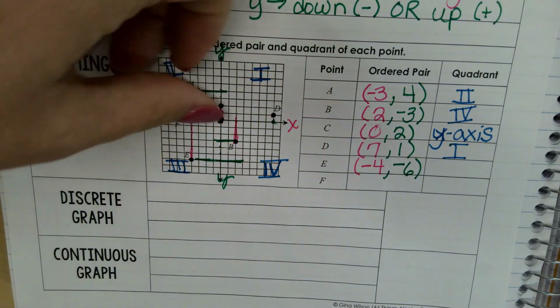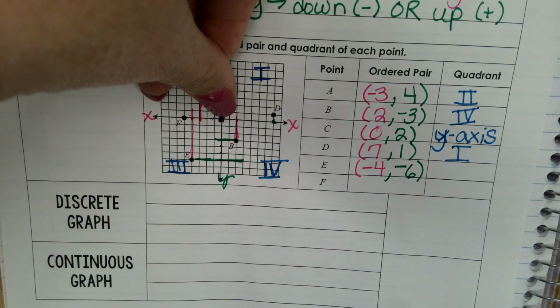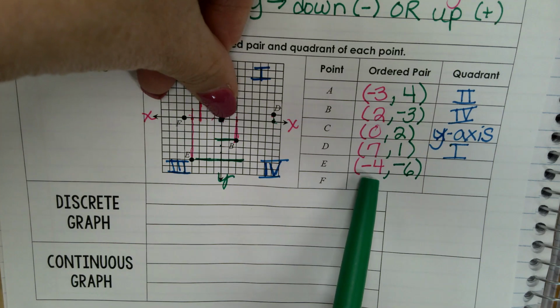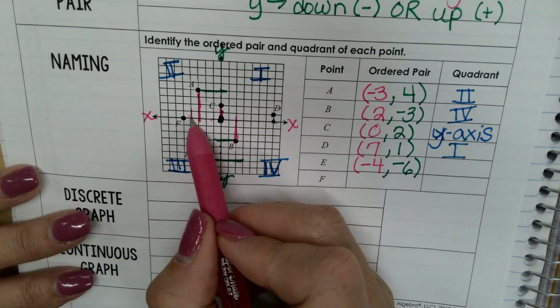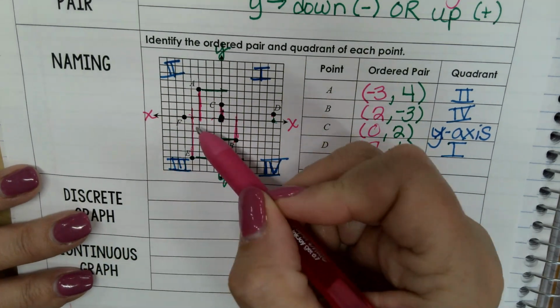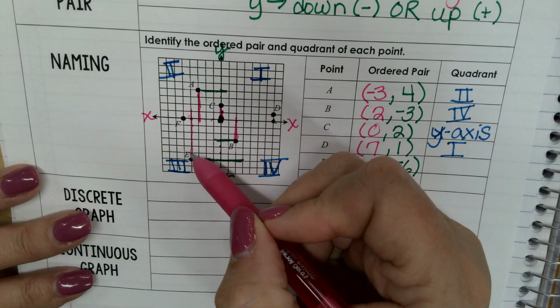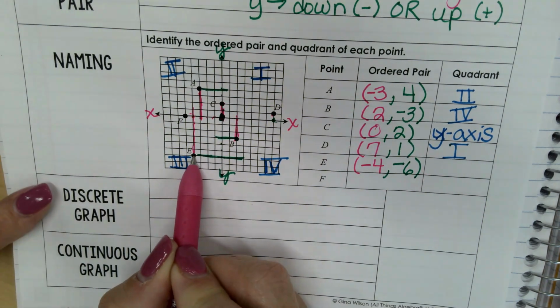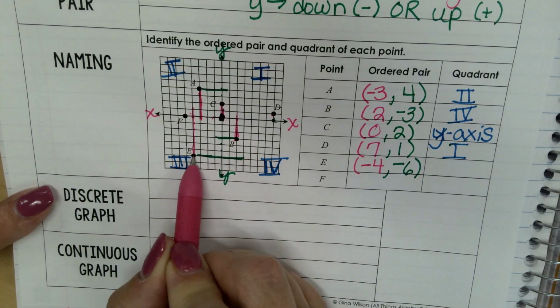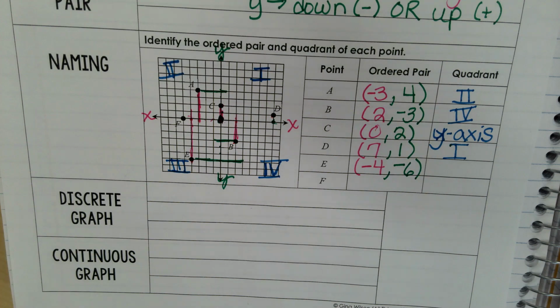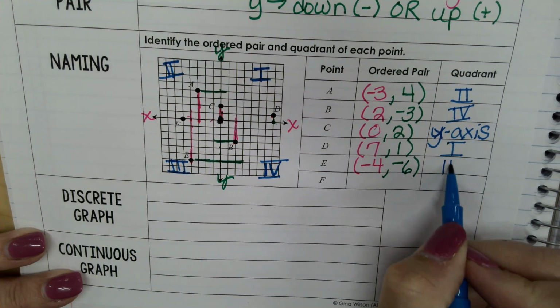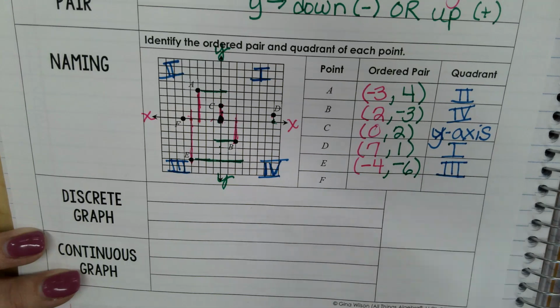I'm going to start at the origin, turn left 4, 1, 2, 3, 4, and then go down 6, 1, 2, 3, 4, 5, 6. And right where that dot is, is where E is. What quadrant is that? 3. Quadrant 3.